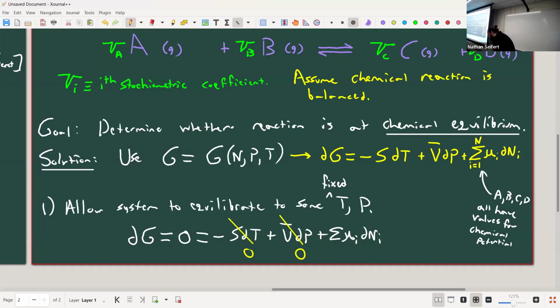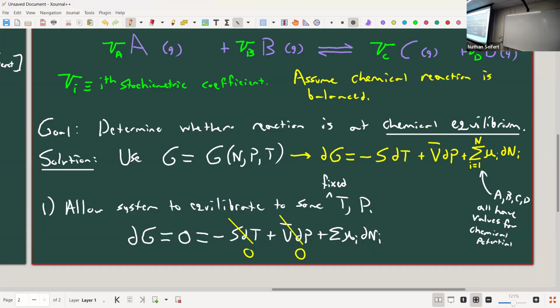So what we're left with is that if we have a system like this, A, B, C, that's a bunch of molecules in equilibrium with each other, and we fix the temperature and the pressure of the system, in a constant temperature bath, what we can say is that any fluctuations in the molecules sum to 0. If we make some products, imagine we add some products, then by definition some reactants have to leave, because the total changes have to be 0 at equilibrium.